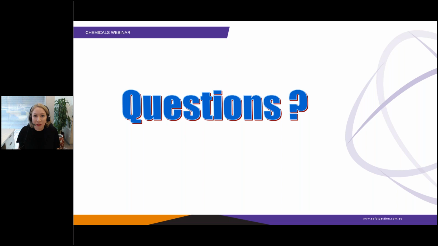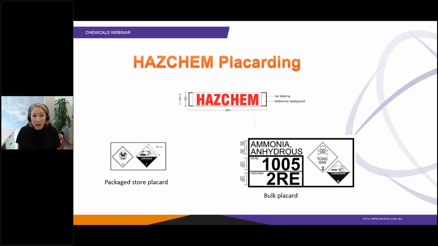Some people do say Hazchem when they're talking about hazardous chemicals, but Hazchem, for hazardous chemical placarding, is only referring to dangerous goods. So Hazchem placarding is commonly used for those signs that I just talked about. So those signage is purely for dangerous goods, but it's also commonly used for the term for dangerous goods transport signage.